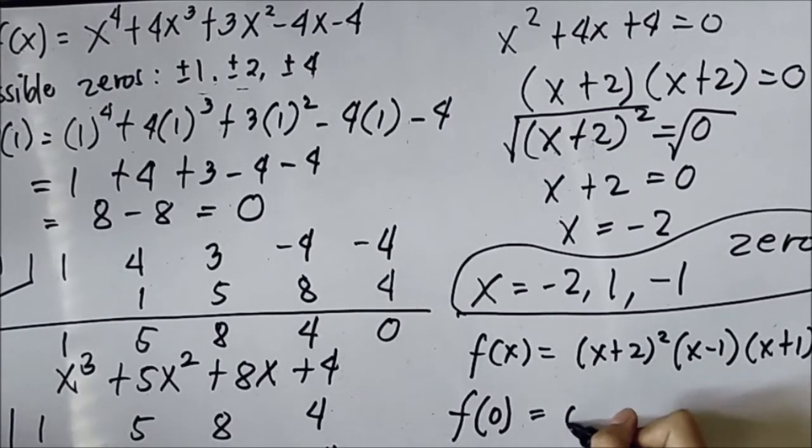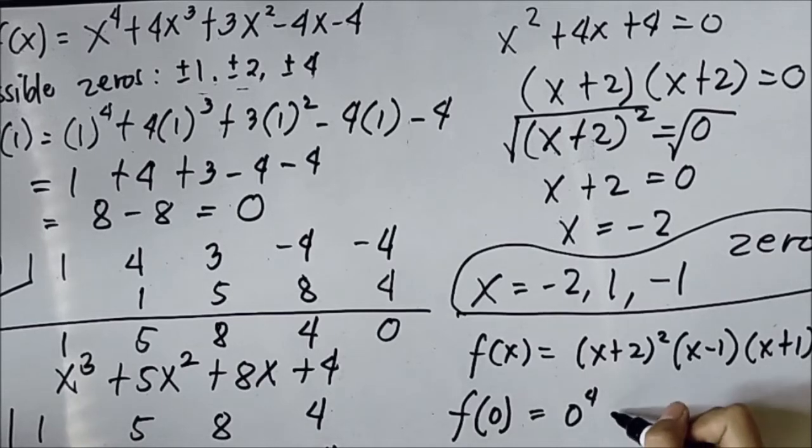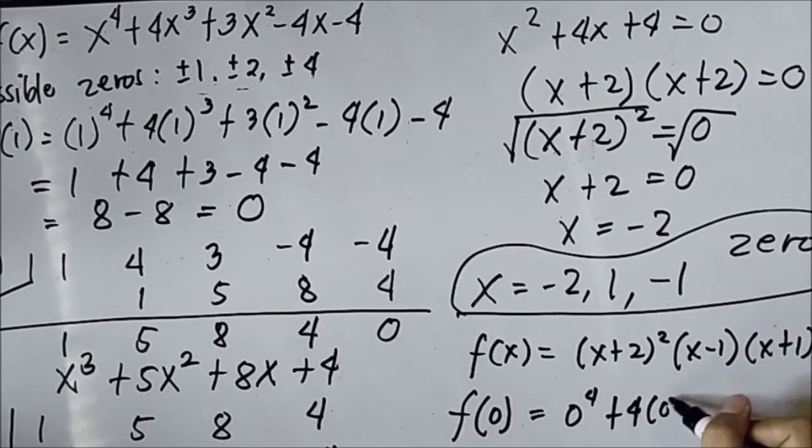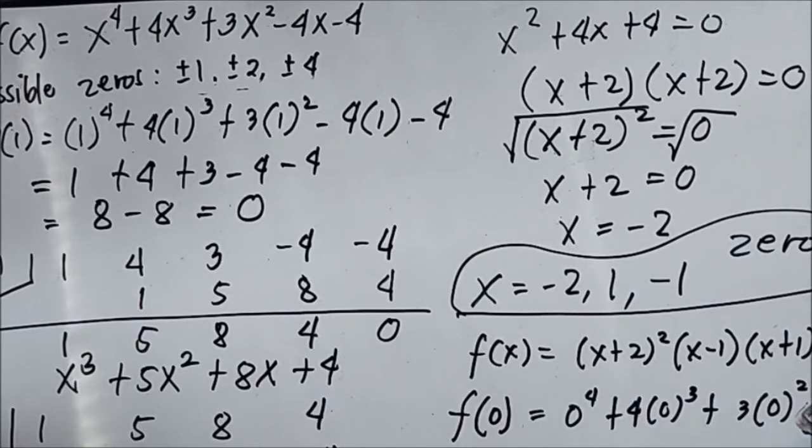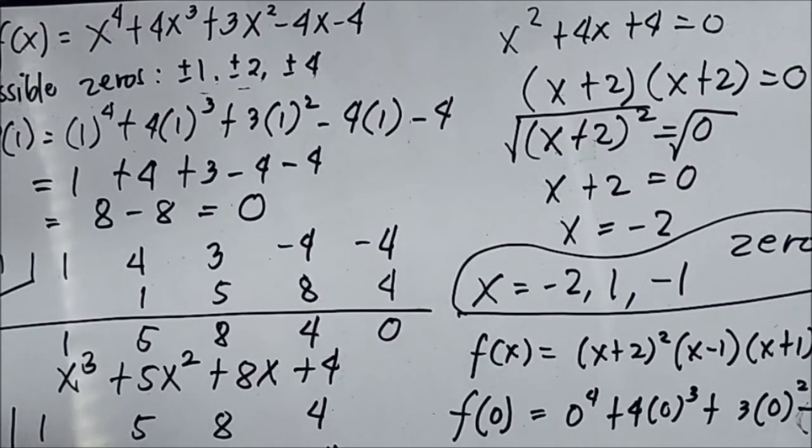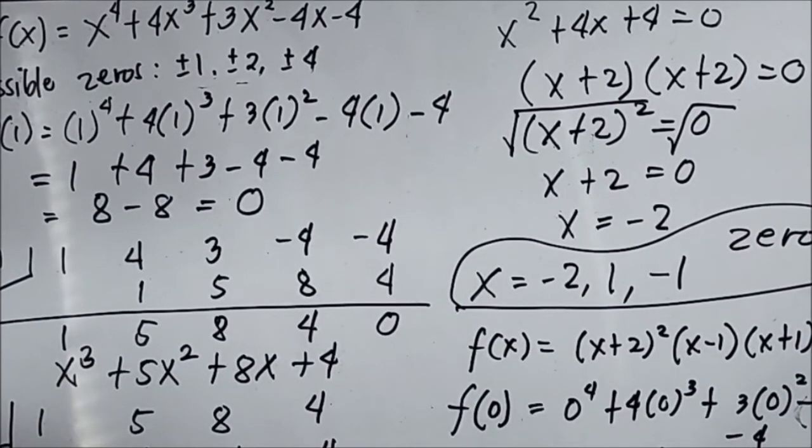So 0 to the 4th power plus 4 times 0 cubed plus 3 times 0 squared minus 4 times 0 minus 4 is equivalent to 0, 0, 0, 0, negative 4. So the point for this is 0, negative 4.